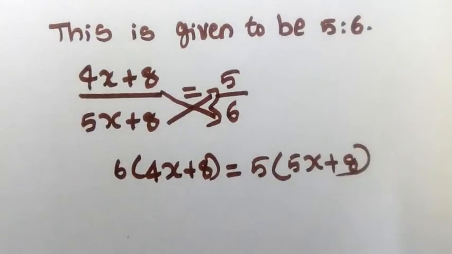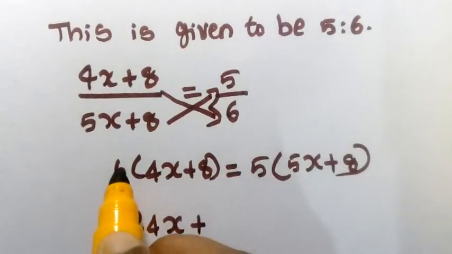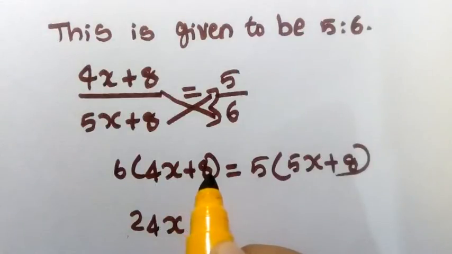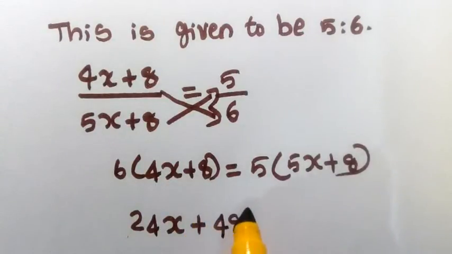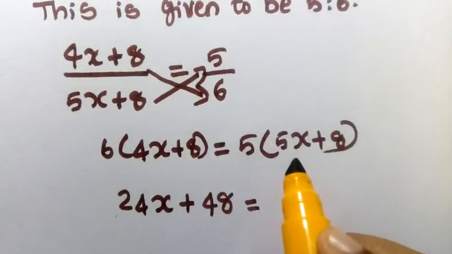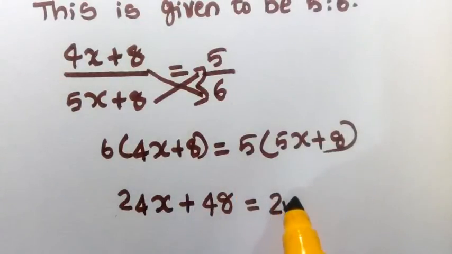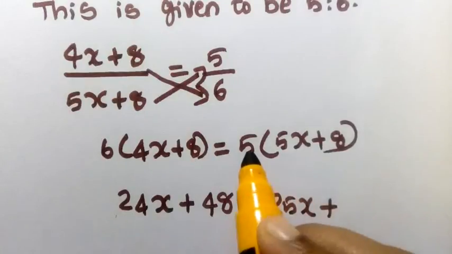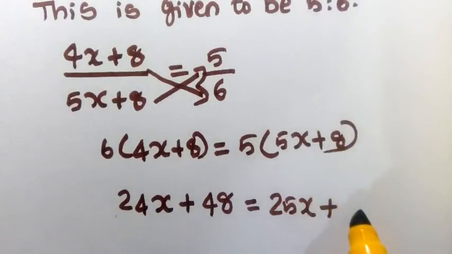Next, we need to open the bracket by distributive property. 6 into 4x is 24x plus 6 into 8. 6 8s are 48 is equal to 5 into 5x is 25x plus 5 into 8. 8 5s are 40.